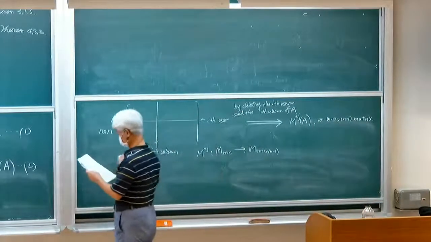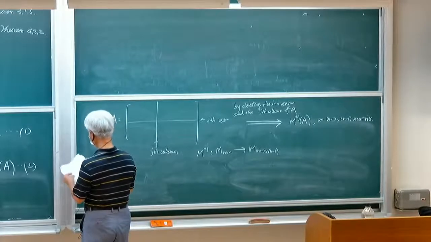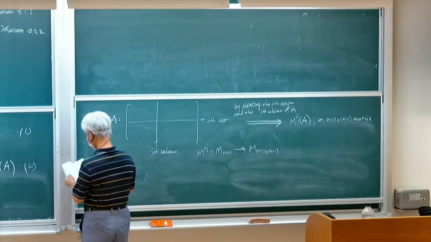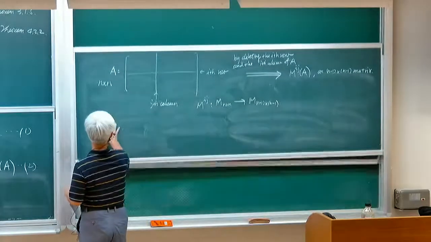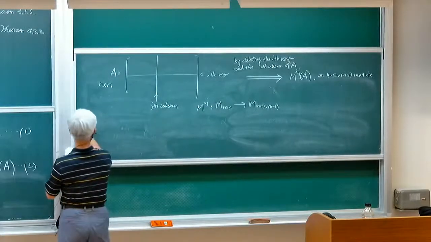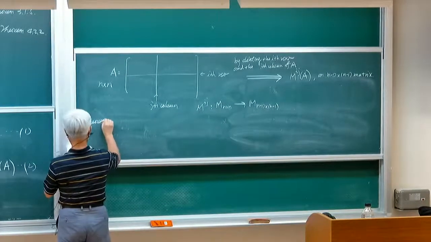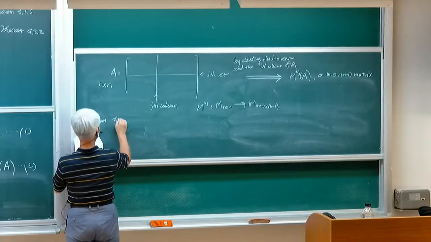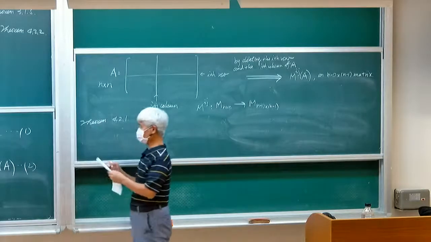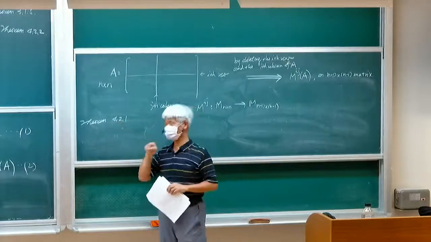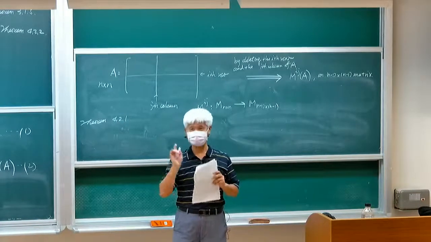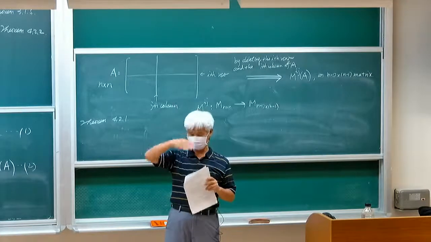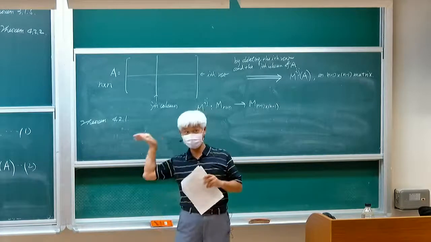So I want to prove an important formula. I'm sorry, this is the sequence number of the theorem in the textbook, and I don't want to change it, even though the logical sequence for me should be in this position.